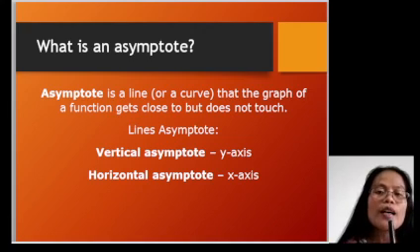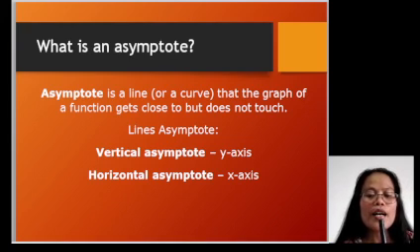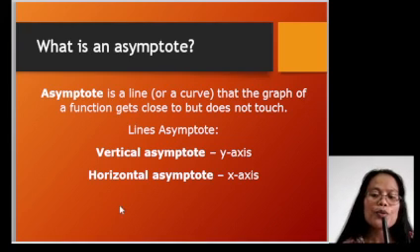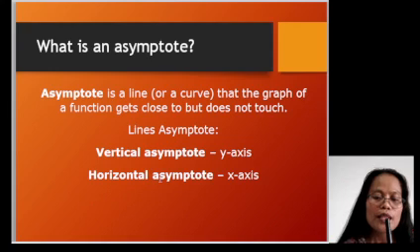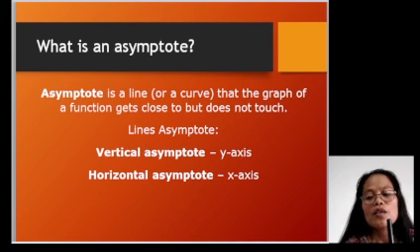Do you remember the x and y-axis, the coordinate plane, the horizontal axis and the vertical axis? So we have to take note of this vertical asymptote and the horizontal asymptote. And we can also name those two lines the Cartesian plane, which we use in graphing.